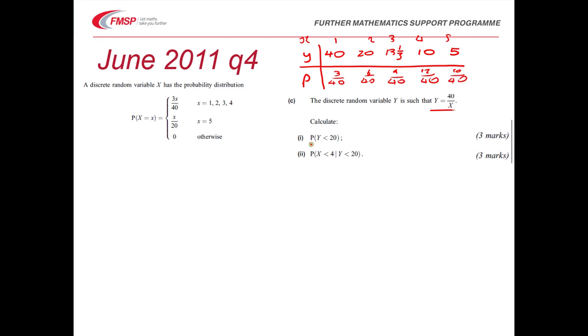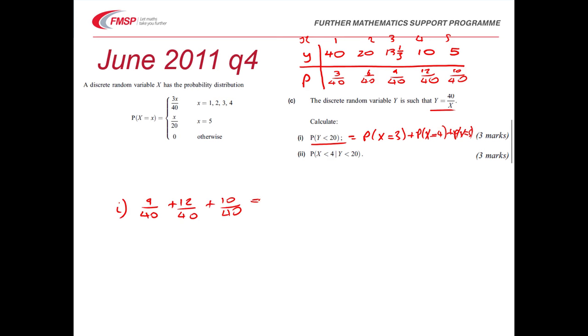So we're working for the probability that y is less than 20. Well, that's going to be the same as the probability of x equaling 3, 4, or 5. That's actually all we need to do with these. So for part 1, actually, we've got quite a nice task. It's just going to be 9 on 40, plus 12 on 40, plus 10 on 40.